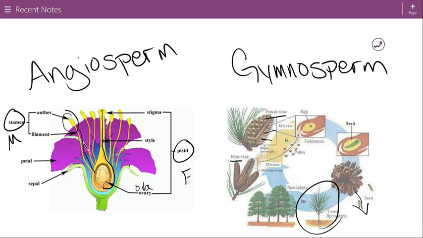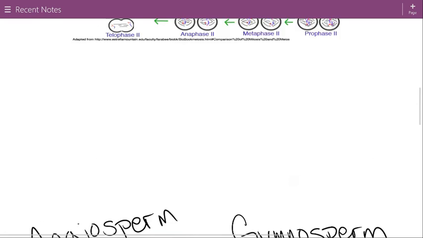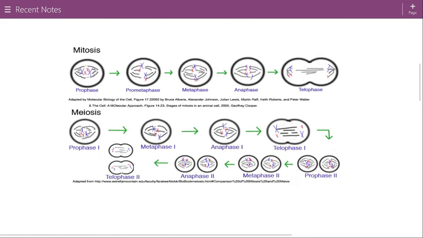Meiosis results in cells with half the genetic information, because the male cell, the sperm, will contain half the genetic information, and the ova, the egg, will contain half the genetic information. And then when they come together, the seed has all of the genetic information necessary to create a new plant.